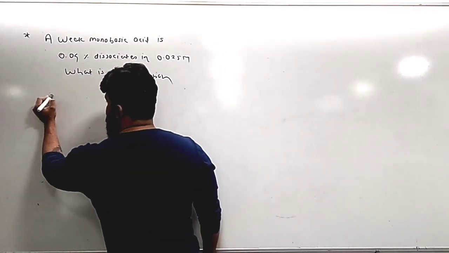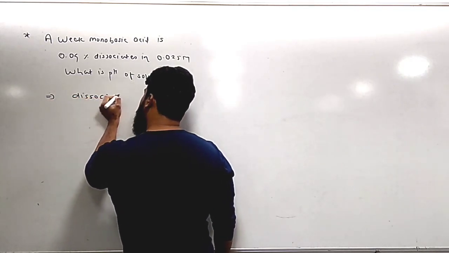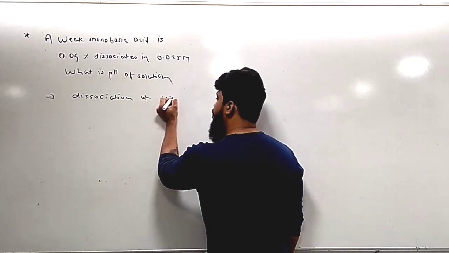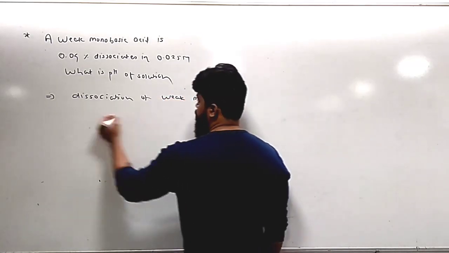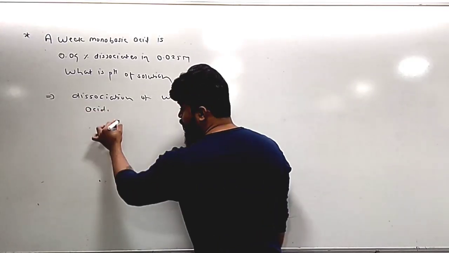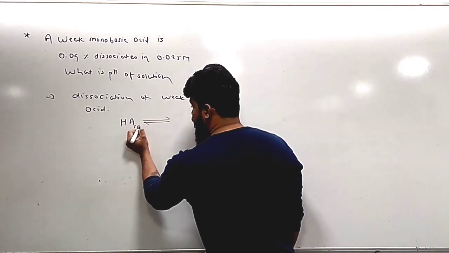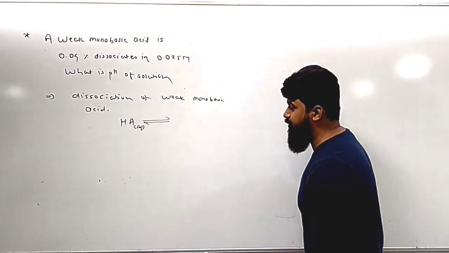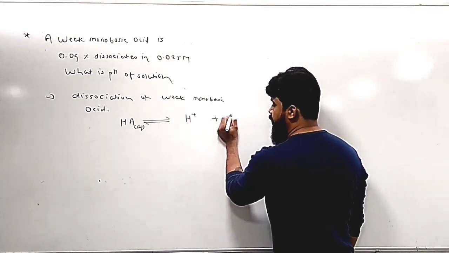As we know the dissociation of a weak monobasic acid, suppose HA is a weak monobasic acid. In aqueous solution, it dissociates reversibly as H plus and A minus.